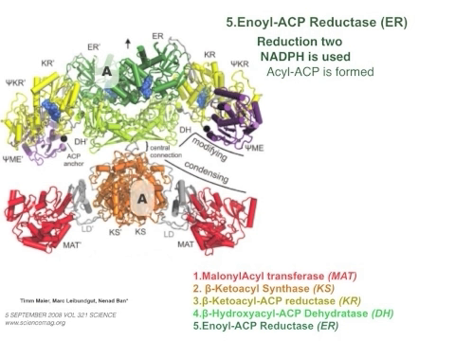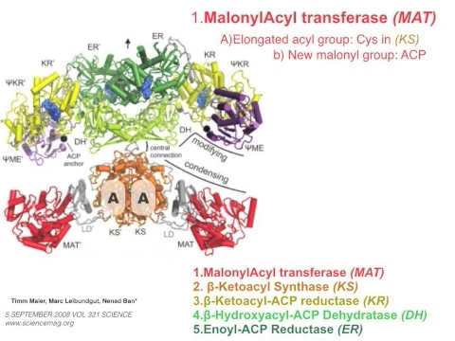We're then going to transfer these 4-carbon saturated hydrocarbons to the condensing region in order for another condensation to happen. So now we have the elongated acyl group that's attached to the cysteine in the condensing unit. And we're going to bring in a new malonyl group in order to make this longer by 2 carbons, so that we'll have a 6-carbon acyl group that's attached to the acyl carrier protein.